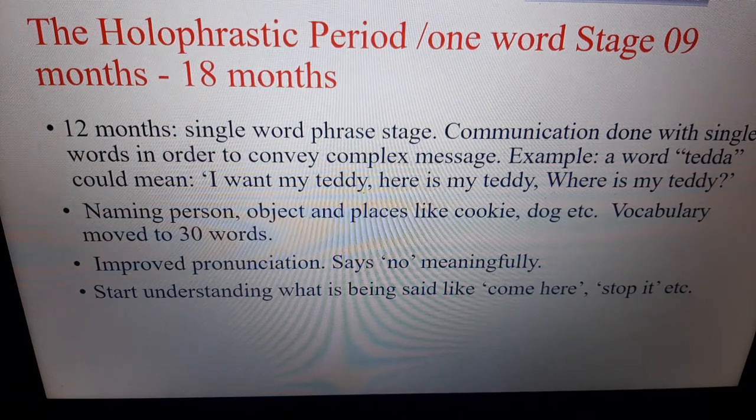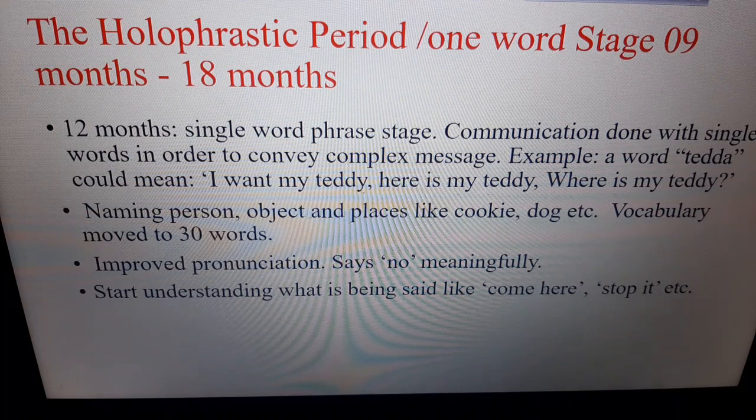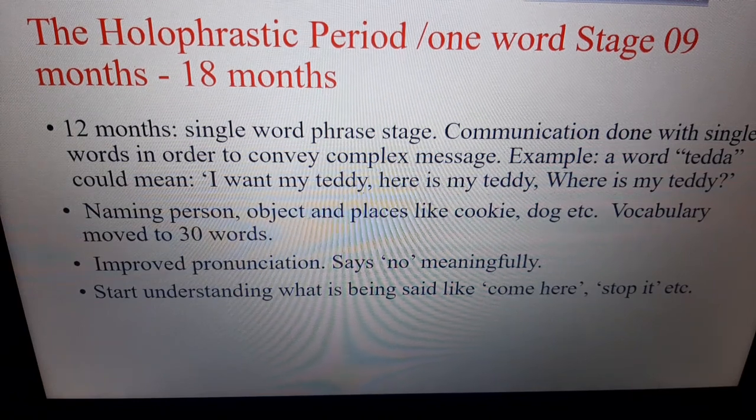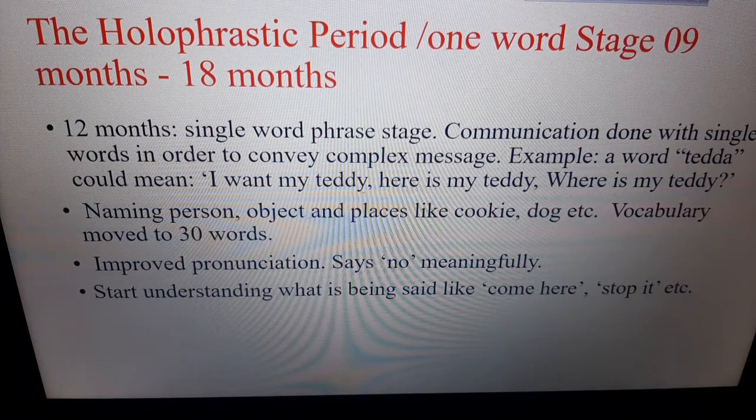Naming persons, objects and places like cookie, dog, etc. Vocabulary moves to 30 words. Improved pronunciation, says no meaningfully. Starts understanding what is being said, like come here, stop it, etc.